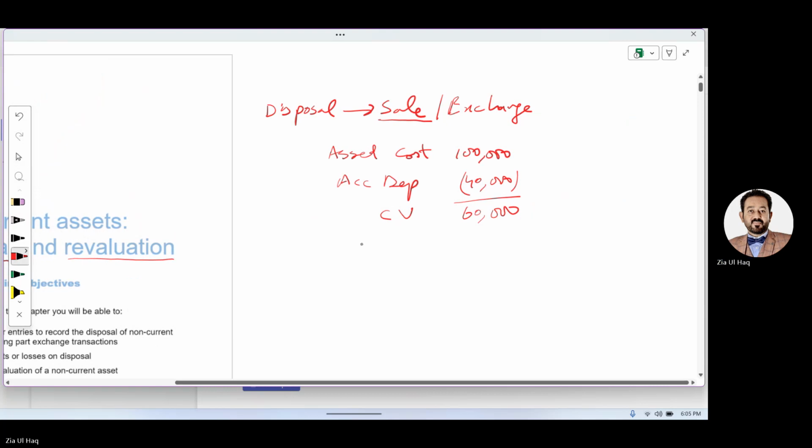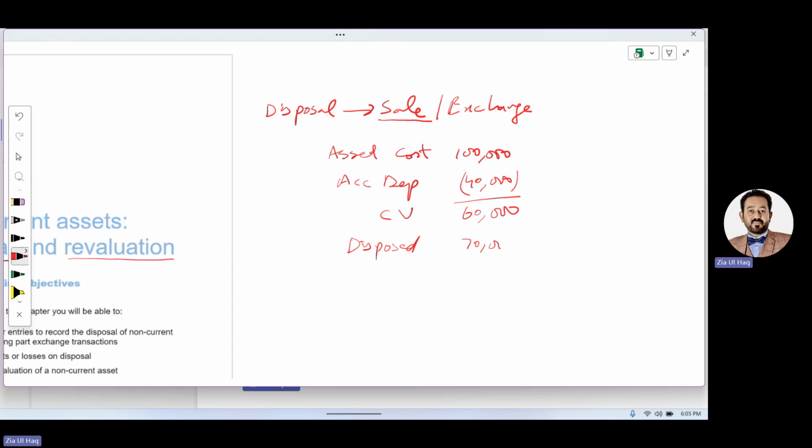Suppose we have disposed of this asset for 70,000. What is this called? Sale proceeds. The amount we receive against disposal is called sale proceeds, meaning cash received. By selling the asset, we received 70,000.